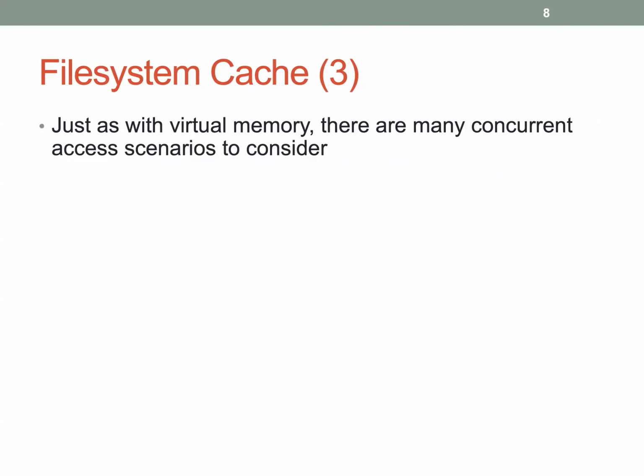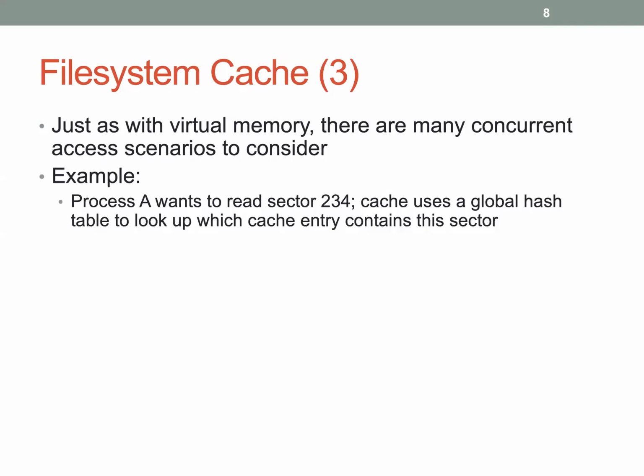The other big concurrency issue you need to think about is one process accessing a sector and another process who's trying to load a different sector, and the file system cache decides to evict the sector that first process is trying to access. So this is the same scenario you had with virtual memory. Process A wants to read sector 234.